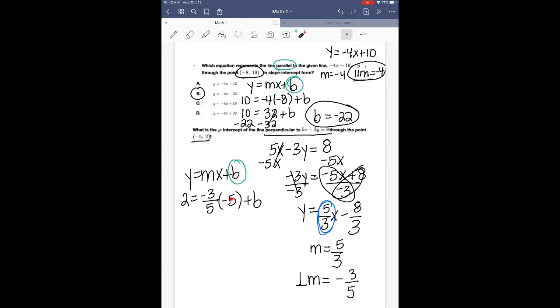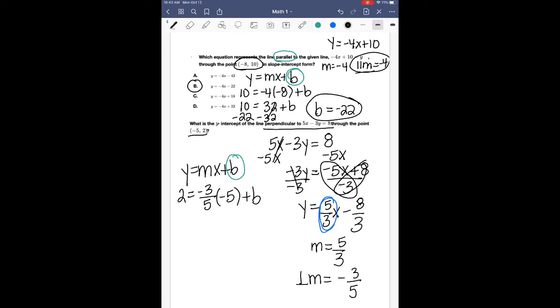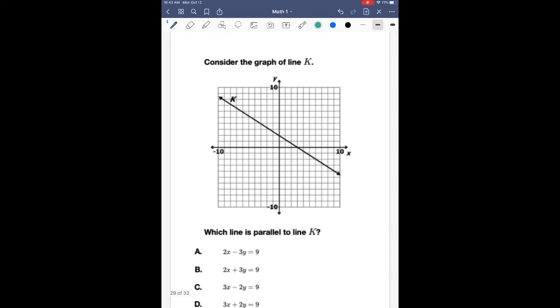So -3 times -5 is +15. Then 15 divided by 5 is going to be 3. So this is going to be 2 equals 3 plus b, and we're going to subtract the 3, so -1 equals b, which is what they asked for. So if we were plugging this answer in, we would only plug in the -1. We don't put the b equals.